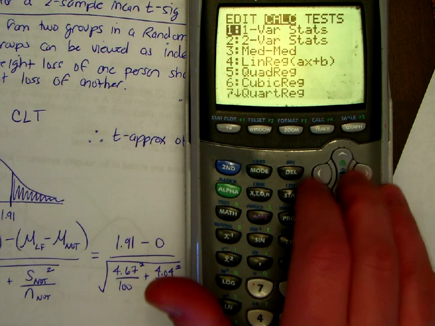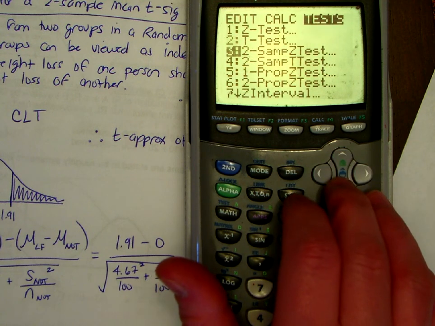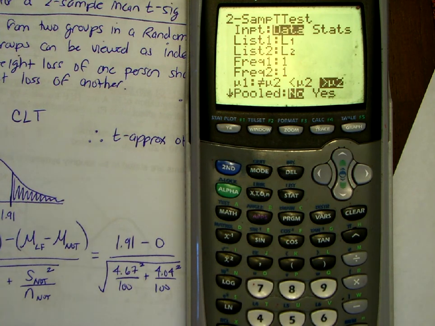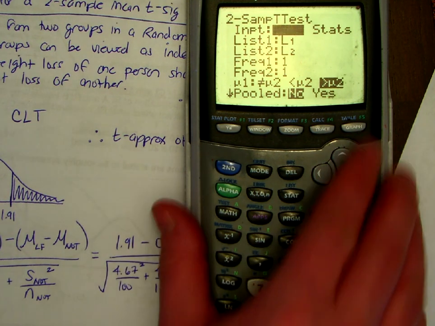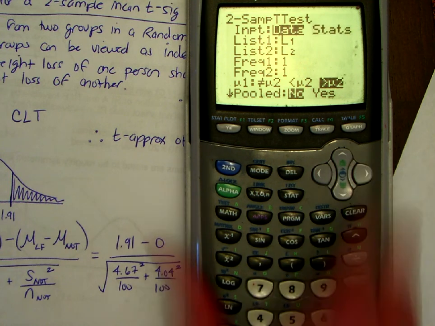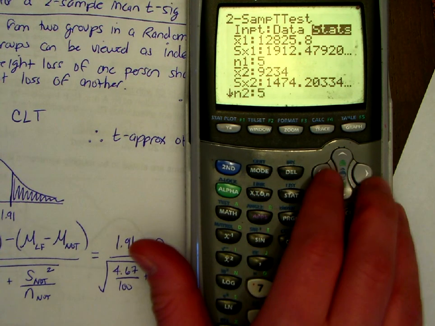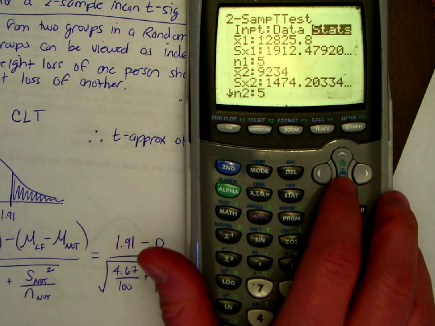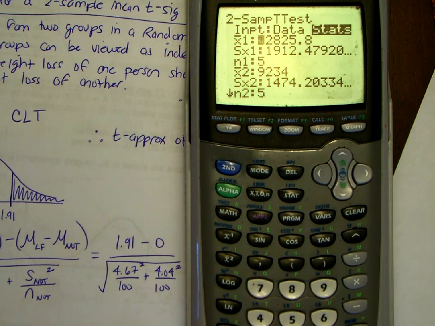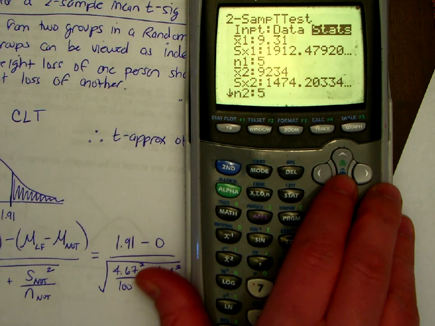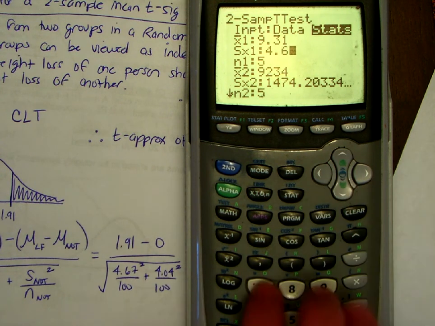So go back, get out of there. This time I don't have L1, L2. I actually have just individual data, so I have to give it statistics. Please remember that the calculator is always going to do x1 minus x2, so make sure that that's what you want to enter first. Because I did low fat minus not low fat, I am going to enter the low fat first.